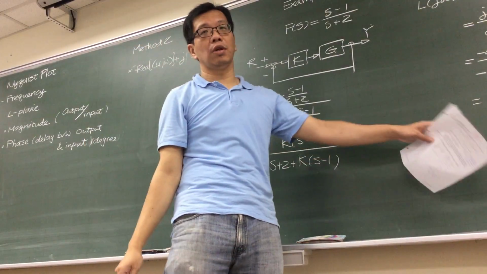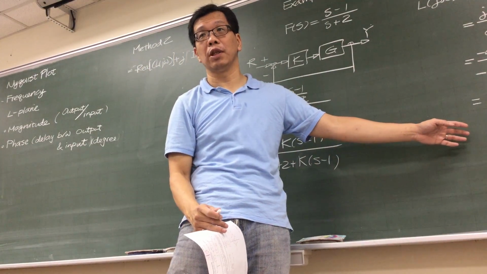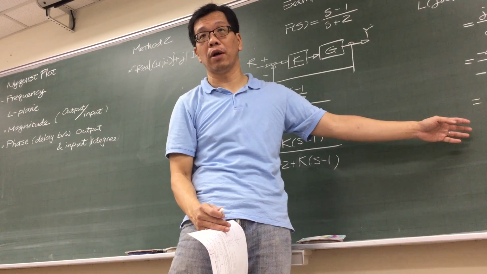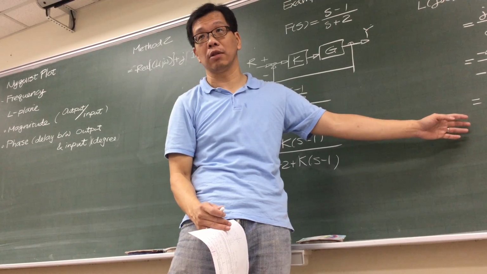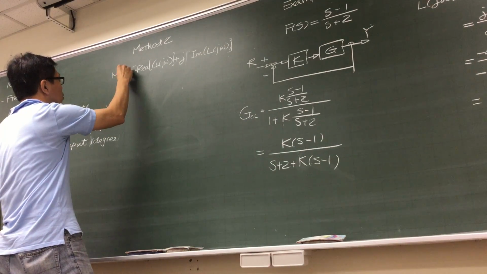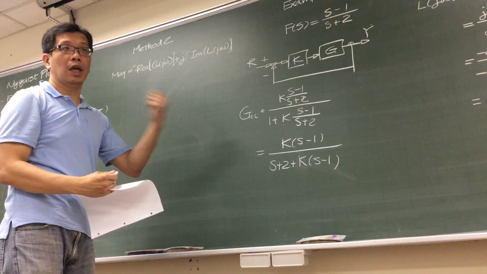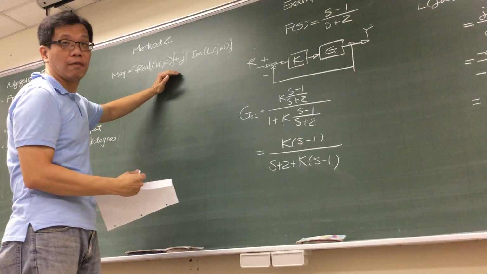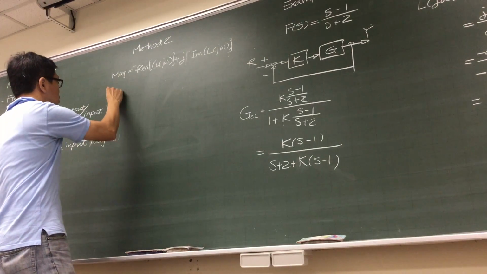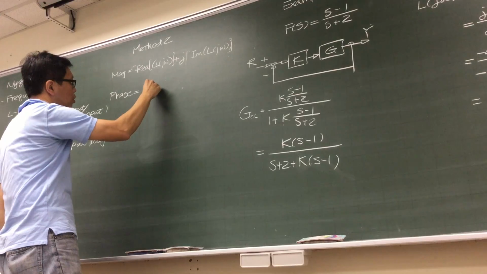Right? Because we're going to put the number into this one, every time we put the number in, we get the real part and the imaginary part all together. And my magnitude is going to be the coordinate of the x position and y position based on this configuration. And the phase is going to be arctangent.